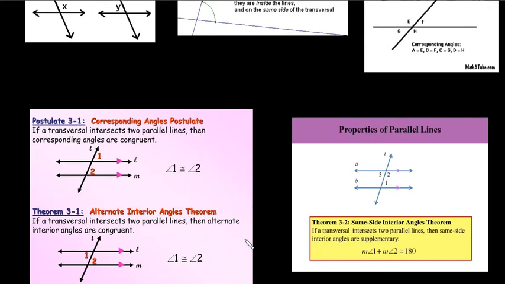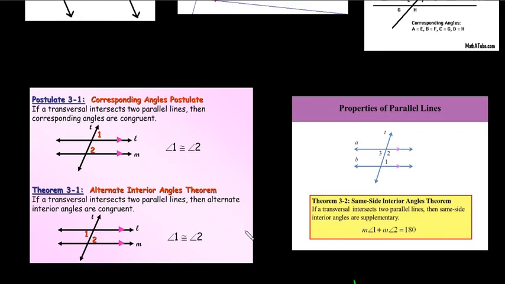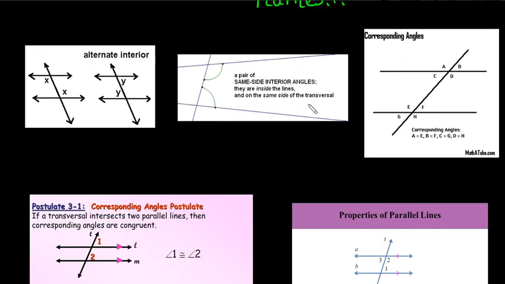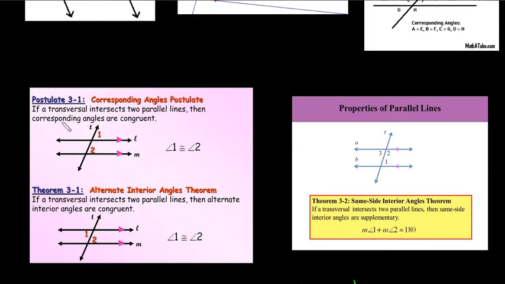Now, some of them have postulates and things that are true about them. So the first one is postulate 3.1. It deals with corresponding angles. That's these up here, ones that are found on the same side in the same area of both the lines that are cut by the transversal. If a transversal intersects two parallel lines, now this is where your parallel comes into play, if a transversal intersects two parallel lines, line L and line M are parallel, then the corresponding angles are congruent.